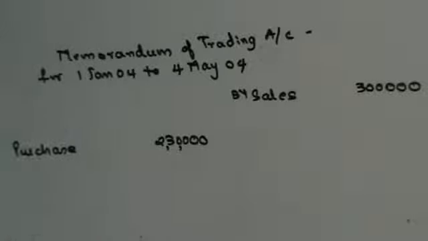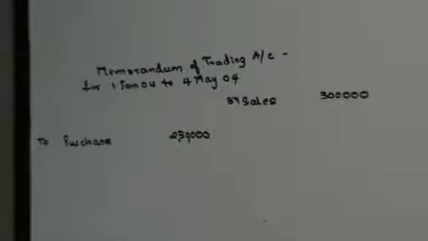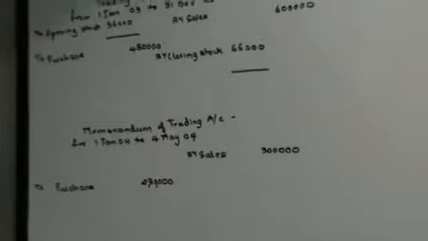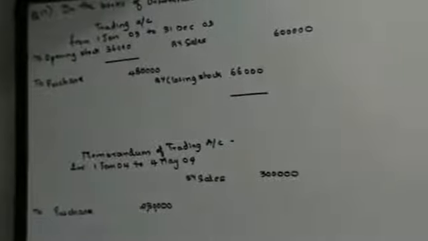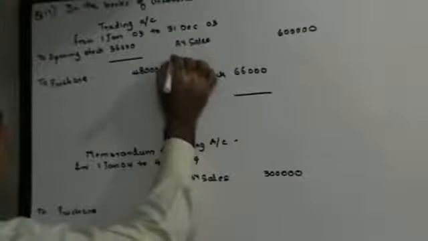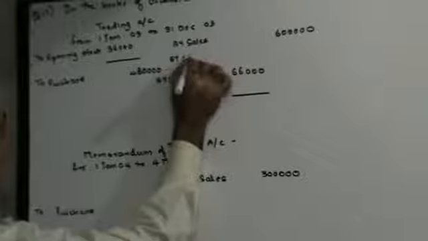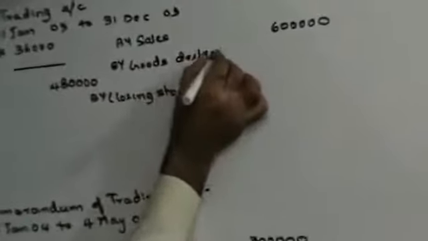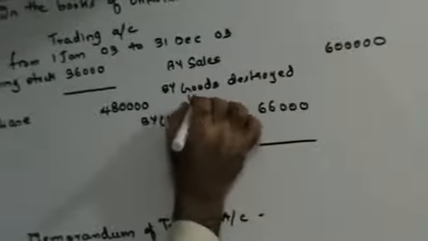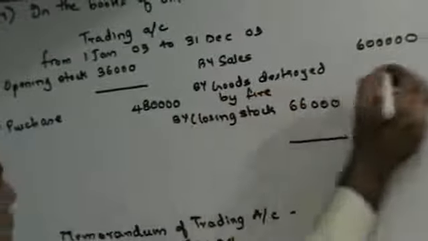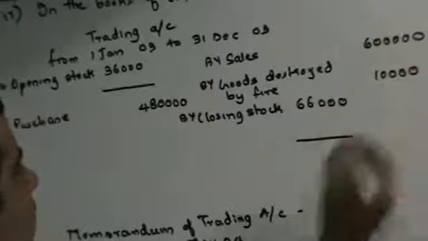Now, first of all, they are saying that there was a fire last year which destroyed goods of 10,000, right? Destroyed, that means goods are going out, debit what comes in, credit what goes out. By goods destroyed by fire is going to be 10,000.